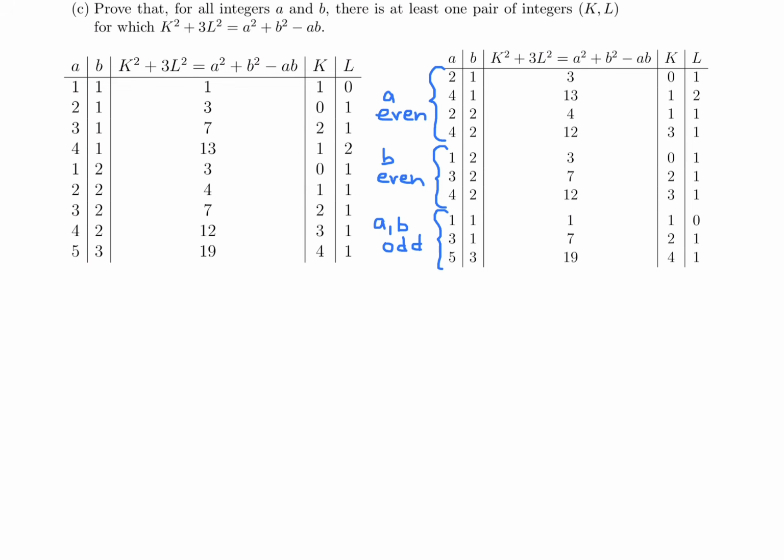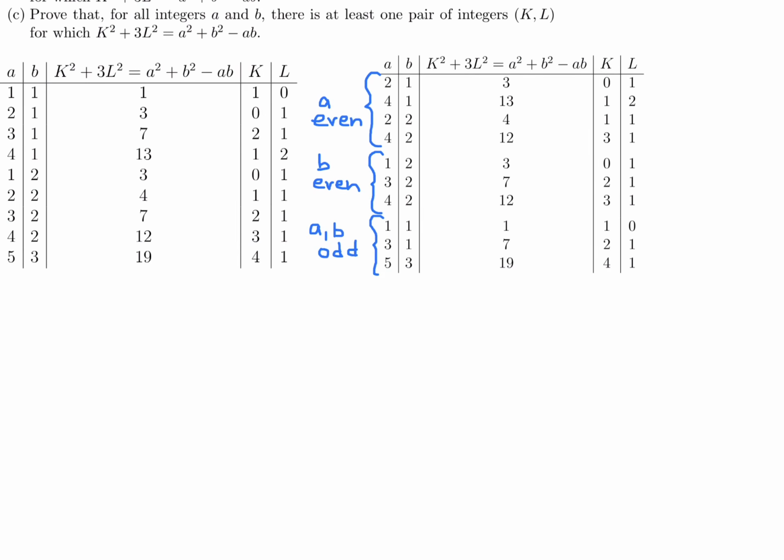After some careful observation of this, hopefully you can conclude something that isn't necessarily easy, but it is as follows. For this scenario where a is even, k is a over 2 minus b, and l is just a over 2.